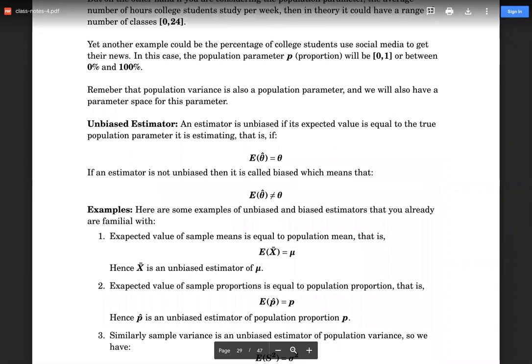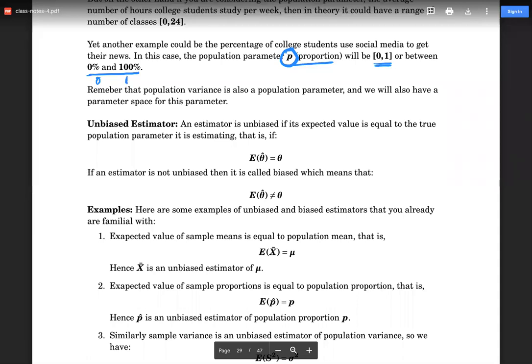For proportion, the parameter space has to be between 0 and 1, because percentage is restricted between 0% and 100%. So for proportion, the parameter space is between 0 and 1. 0% is 0 and 100% is 1.